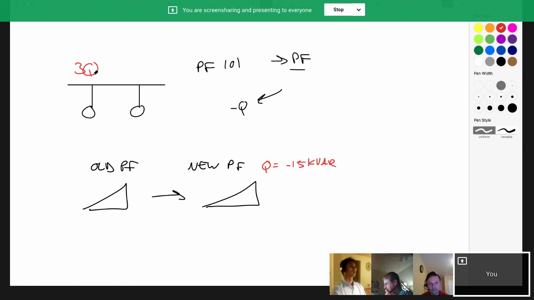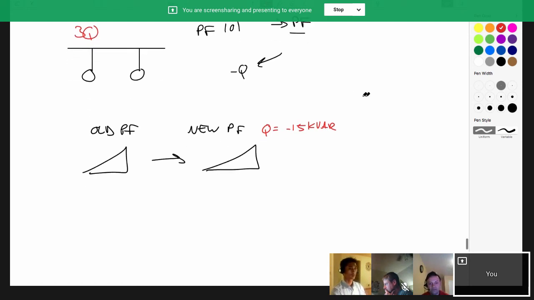What if I told you that you have capacitors available in 5 kVAR increments? Really easy peasy question, but it helps to go over it once or twice. How many capacitors would you need to improve that power factor by 15 kVAR?